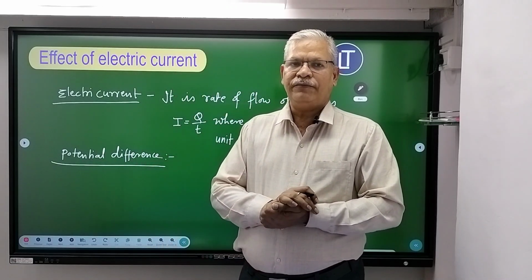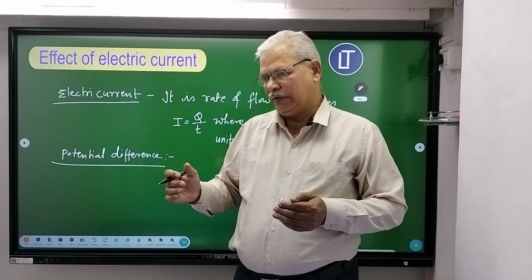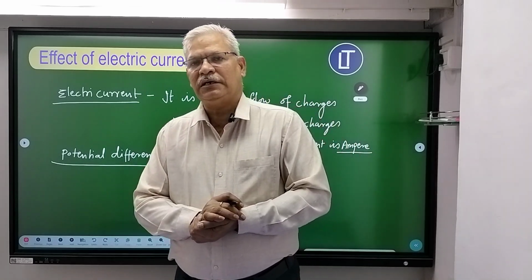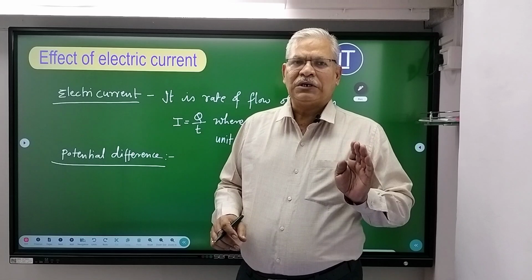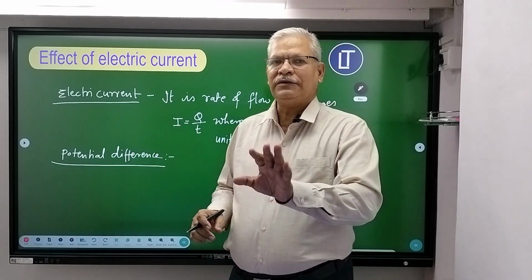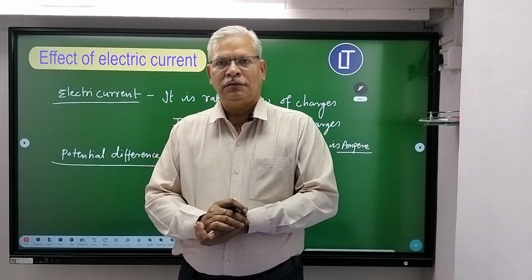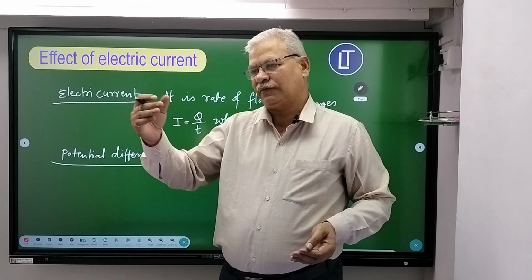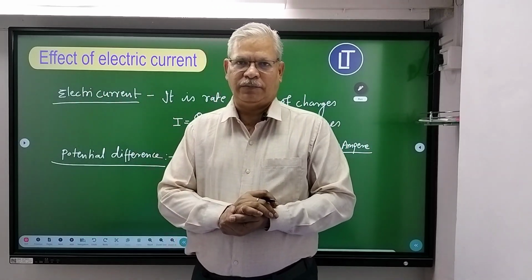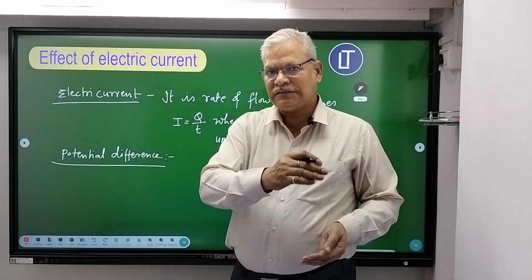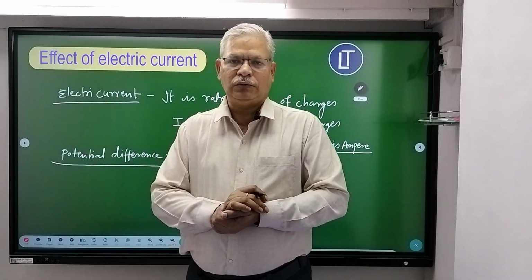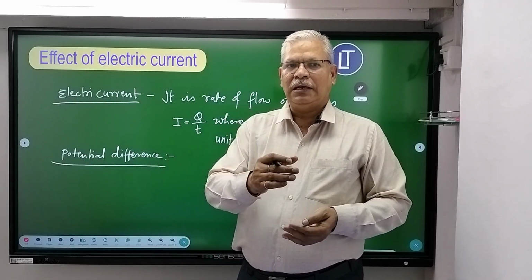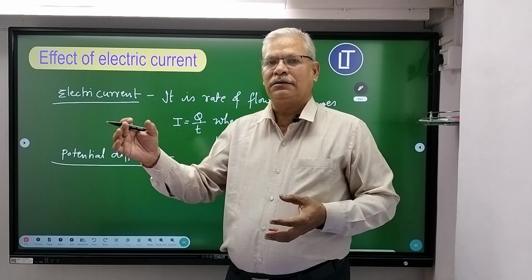Therefore, for the flow of current, potential difference is necessary, or you can say the potential difference works as a force to move the charge from one point to another point. And as it moves a charge from one point to another point, there is some work done.